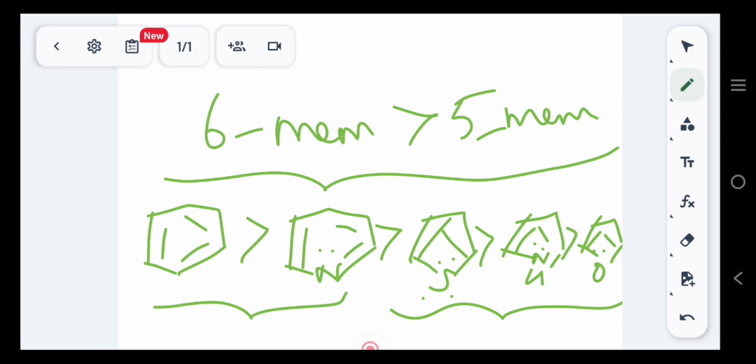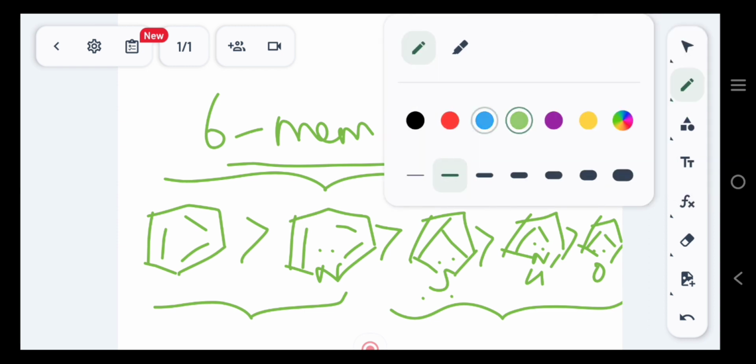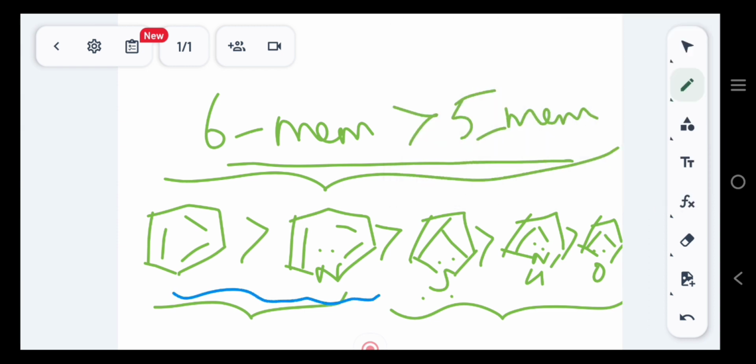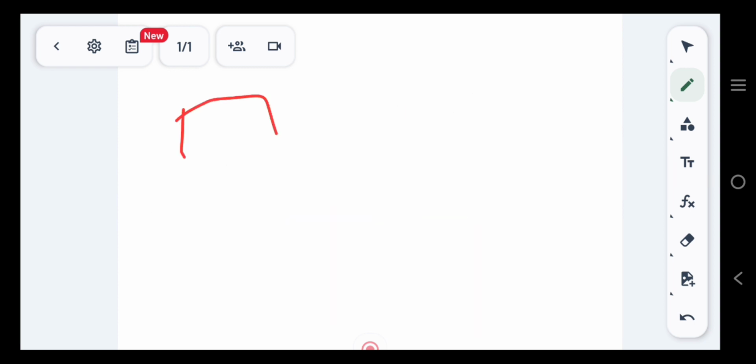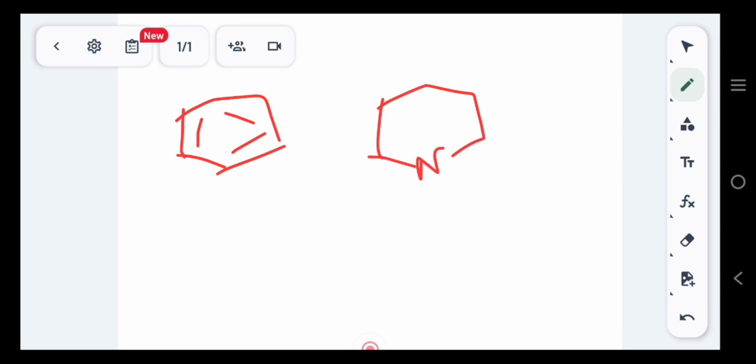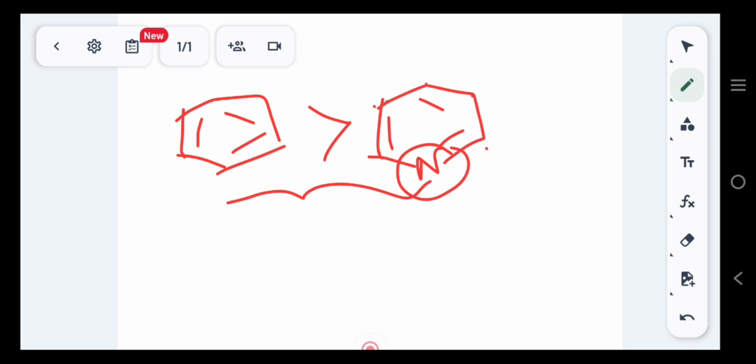For these three we have seen the reason. What about these? I have told you a 6-membered ring is more aromatic than a 5-membered ring, but among benzene and pyridine, how do we say that benzene is more aromatic than pyridine? The reason is that nitrogen is an electronegative atom. All the other atoms are carbon, but here it is nitrogen.